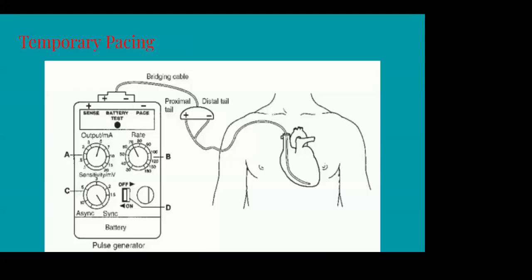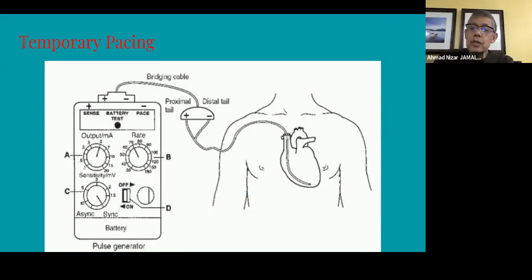Of course, ideally, this patient should have a temporary wire in. This picture shows a temporary wire from the subclavian. I seldom do that these days. I always use the femoral vein. Try not to use the subclavian because that's where we're going to put in the permanent pacemaker.